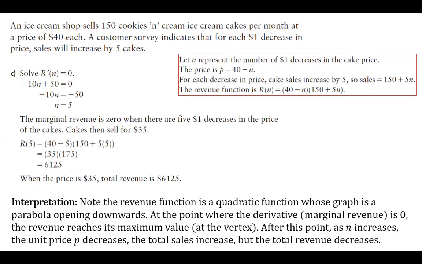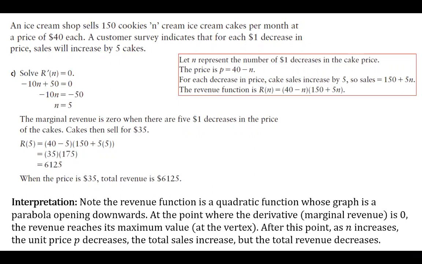Okay, so how can the owners make use of this information? The interpretation of this information is as follows. Note here, the revenue function is a quadratic function whose graph is a parabola opening downwards, right? At the point where the derivative, or the marginal revenue, is 0, the revenue reaches its maximum value, which is at its vertex.